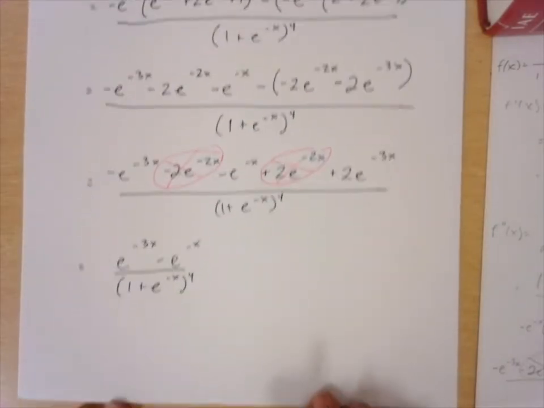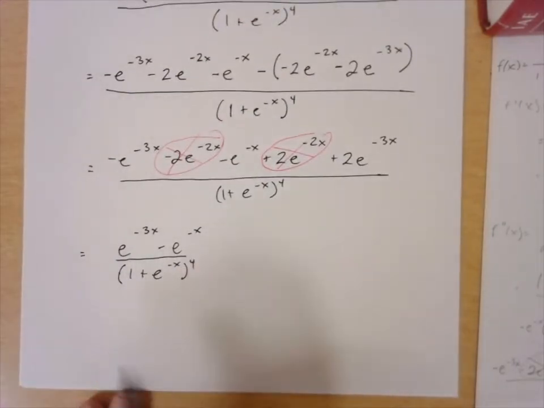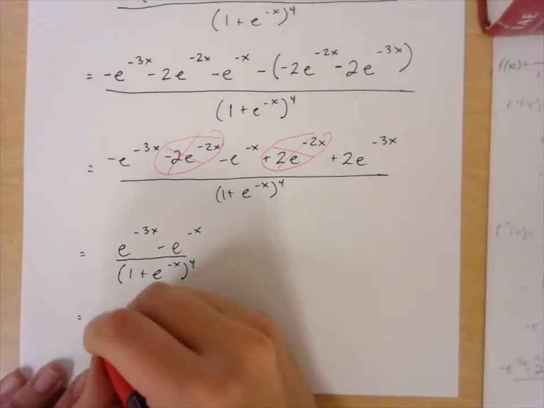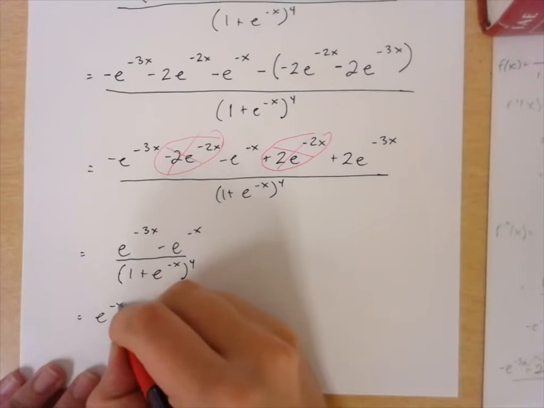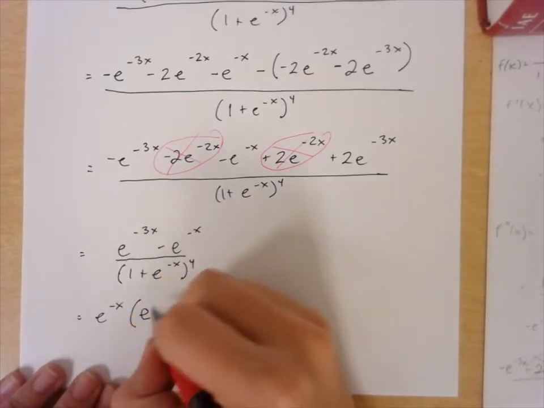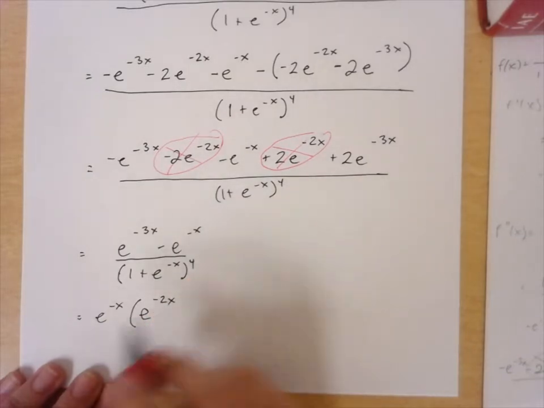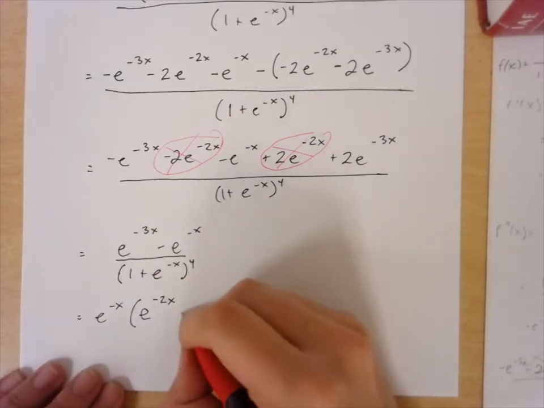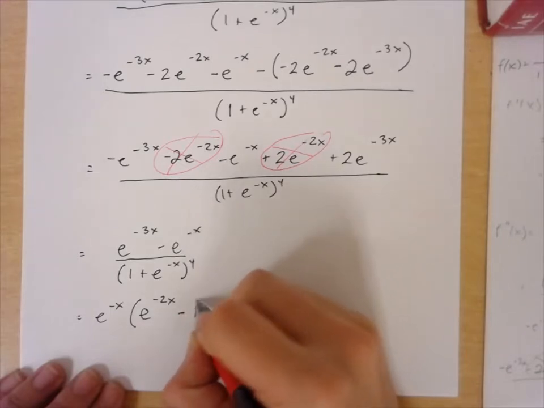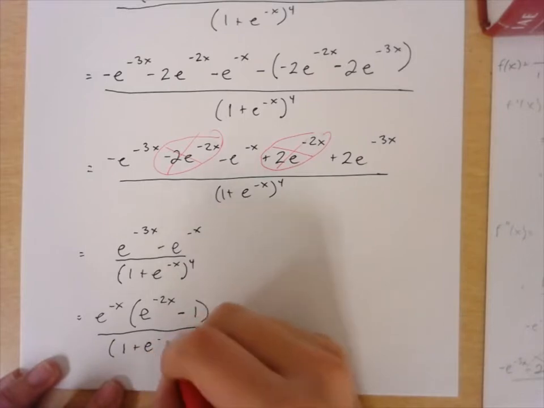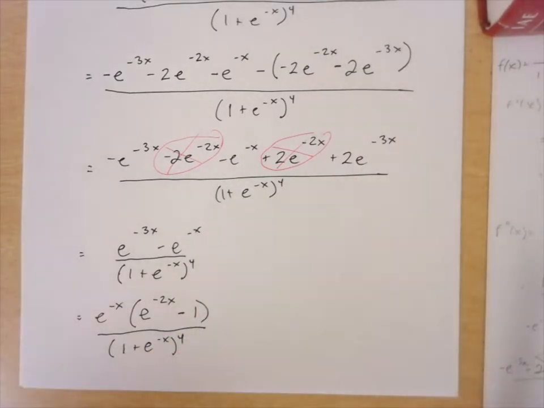Almost there. I have to factor out now. From the top, what I can do is I can factor out an e to the negative x. And here's what happens when I do that. I'm going to get on the inside for my first term an e to the negative 2x, because negative x minus 2x is negative 3x. And then we're going to get minus 1 all over 1 plus e to the negative x to the 4th.